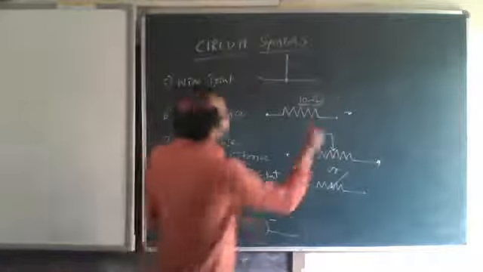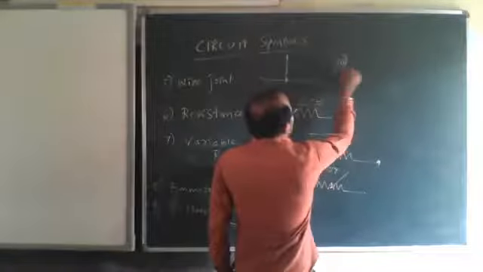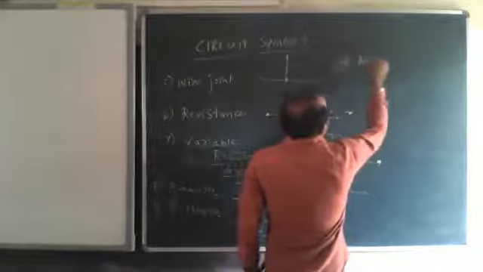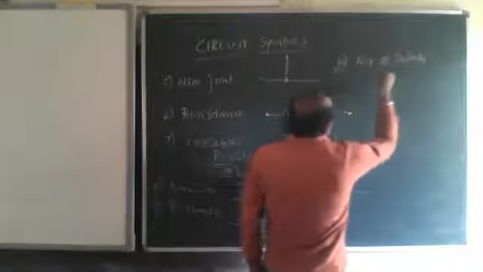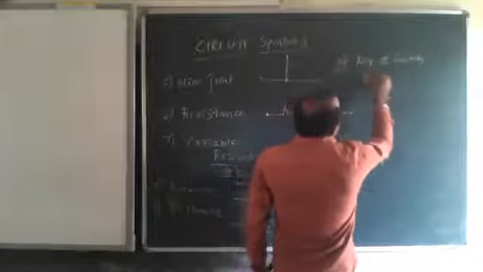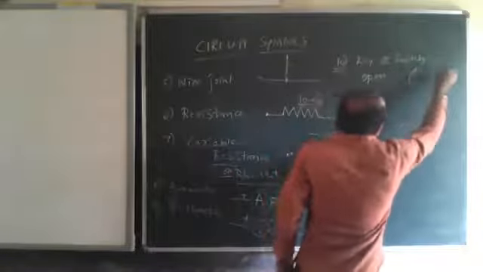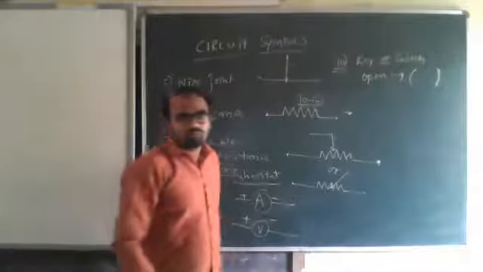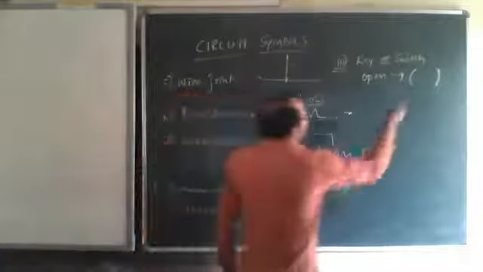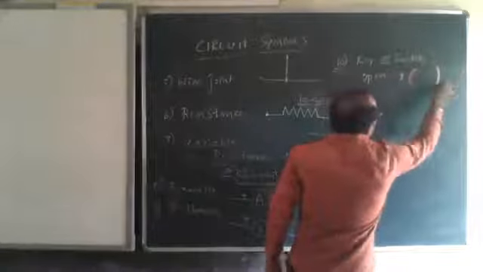Okay, another two are there. What we call key or switch. Key or switch. Okay, if it is open, it will be like this. This is key or switch open, in parenthesis, the common bracket we call it.